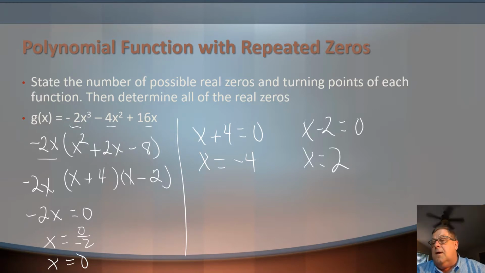And shazam, x is equal to 2. So our 3 real zeros with this function that has 3 possible real zeros and 2 turning points are negative 4, 0, and 2. Now in this case we didn't have any repeated zeros, as I didn't think we would, but I believe we will in the next one, so let's get on with it.